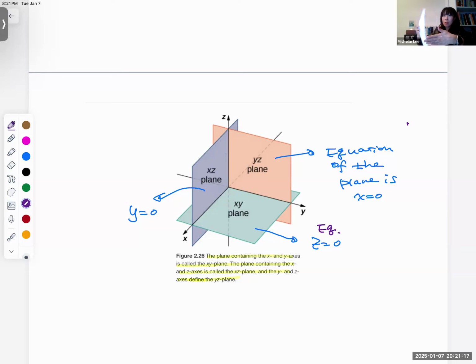Make sense? Okay, now the XZ plane. The XZ plane is like this. So this is y equal to 0. So the y-axis, my y-axis, you see it here? Can you see the y-axis?